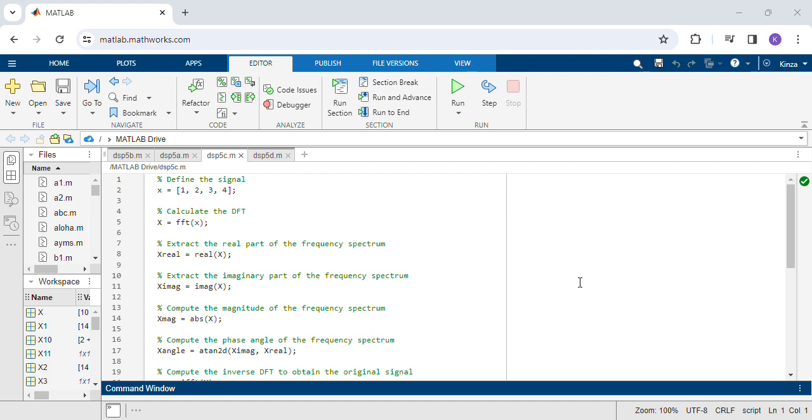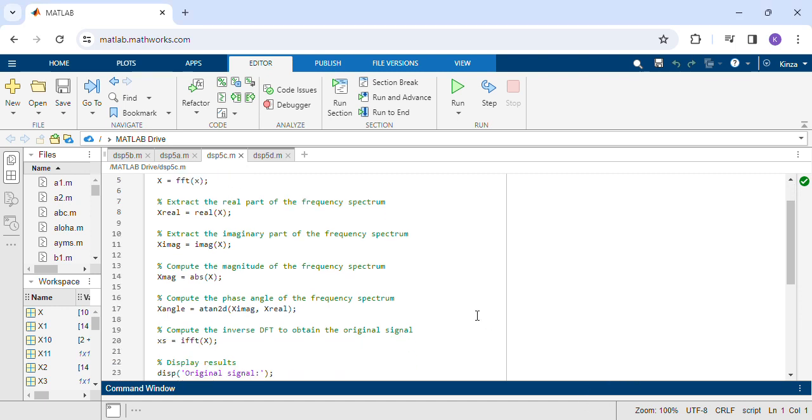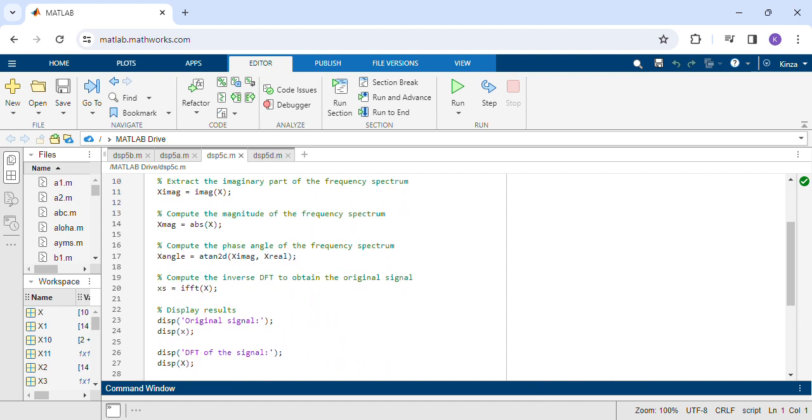A signal x is defined as 1, 2, 3, and 4. The discrete Fourier transform of the signal x is calculated using the FFT function, resulting in X. The real part of the frequency spectrum, X real, is extracted using the real function, and the imaginary part of the frequency spectrum is extracted using the imaginary function. And the magnitude of the frequency spectrum, X magnitude, is computed using the abs function.